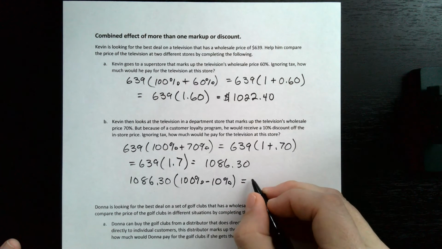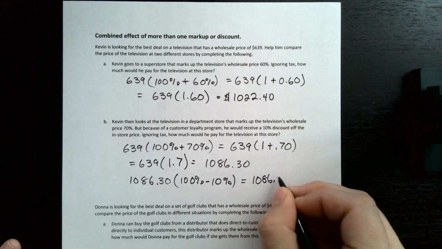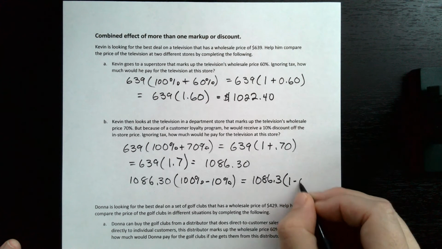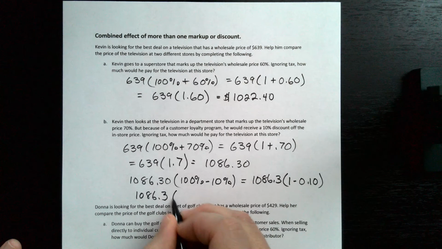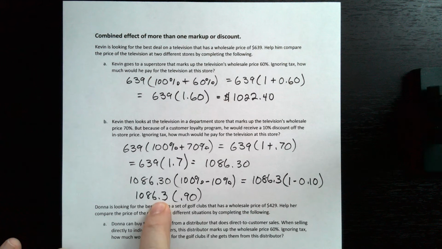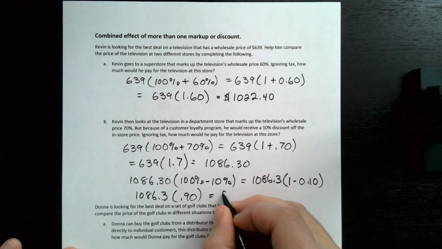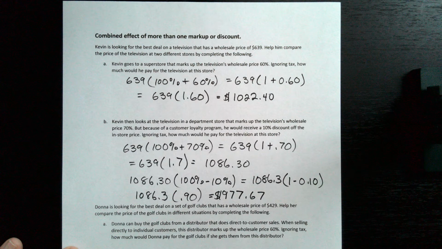So that'll end up being 1,086.3 times 1 minus 0.10, which is 1,086.3 times 0.9. So it's 90% of what you originally paid. Okay, and if you do that in your calculator, that will give you $977.67.